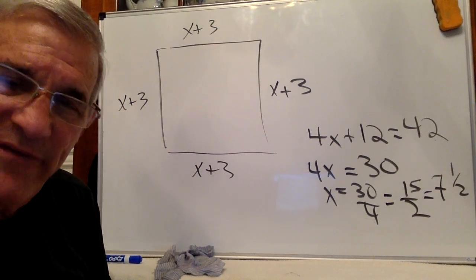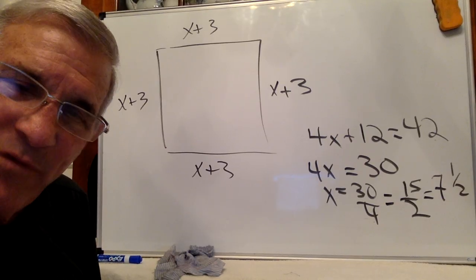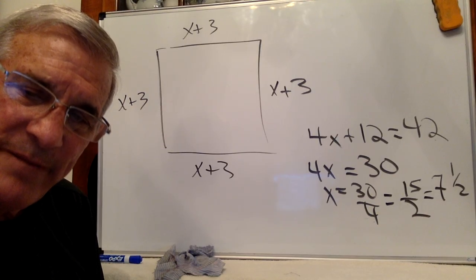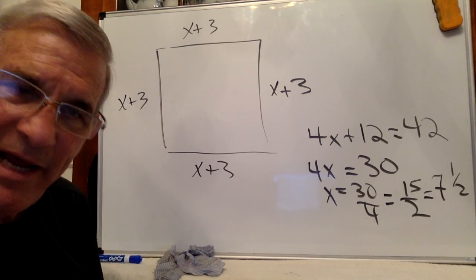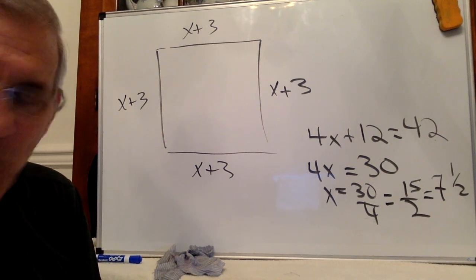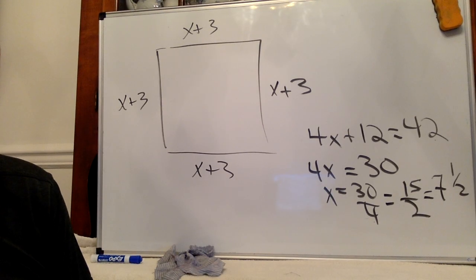If it's less than 7.5, the perimeter would be smaller than 42. So if I plug in any value for x larger than 7.5 or 15/2, that would make the perimeter grow and be larger than 42. So that's number 10.